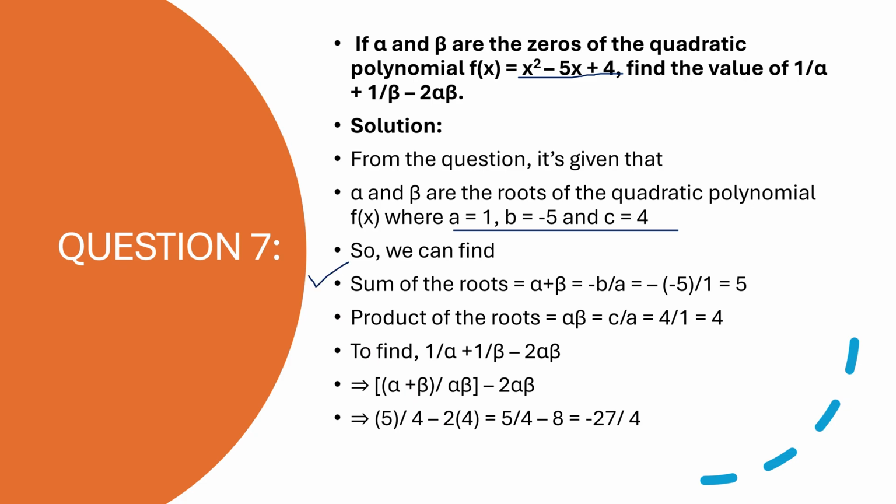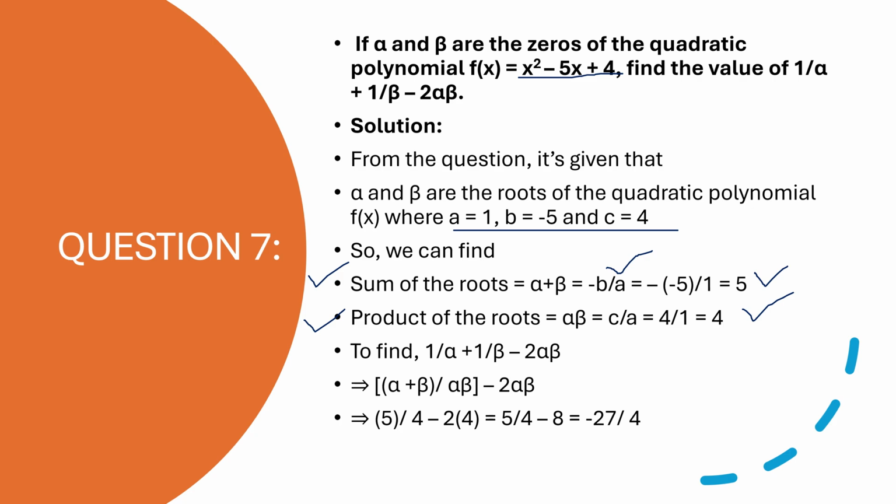Sum of the roots. Sum of the roots is alpha plus beta. From the equation you get minus b upon a, minus of minus 5 upon 1, and alpha plus beta is 5. Then product of the roots, that is alpha beta, c upon a, that is 4 upon 1, and that is 4.